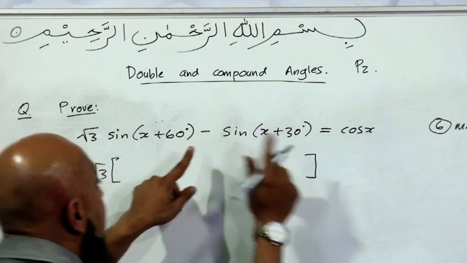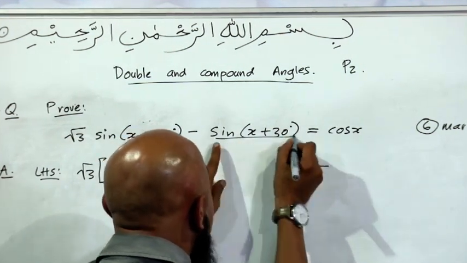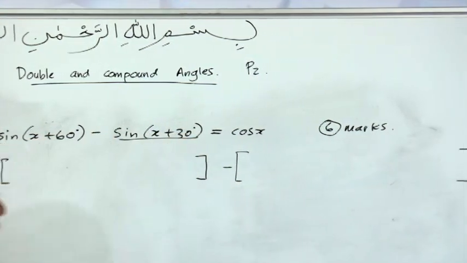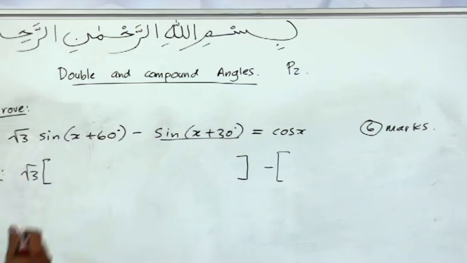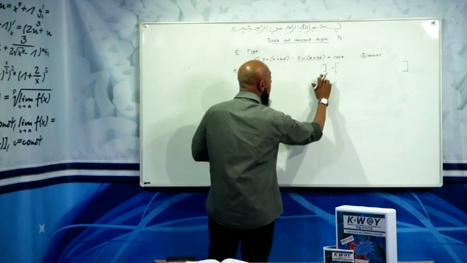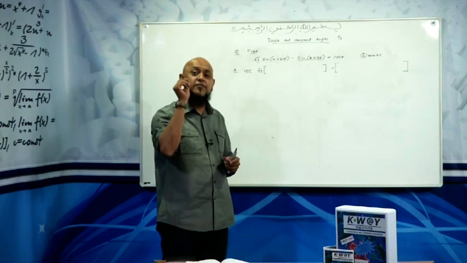That's the square brackets. Minus, and now I'm going to expand this entire component into another set of brackets. So we've got 2 brackets here because we have 2 components, component A and component B. Remember, structure is very important.